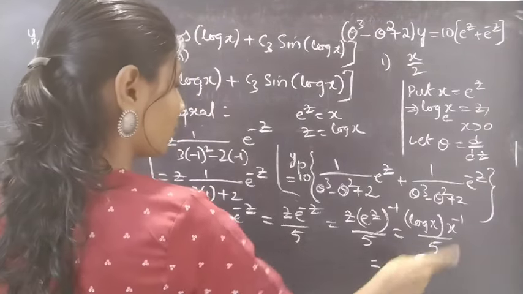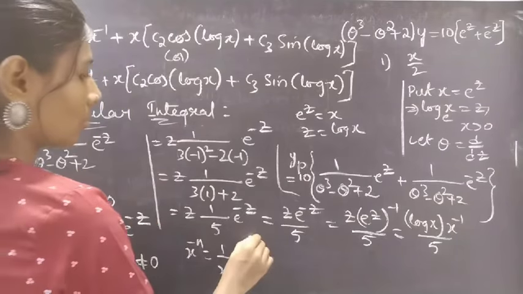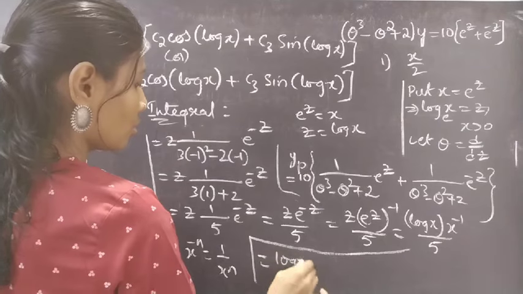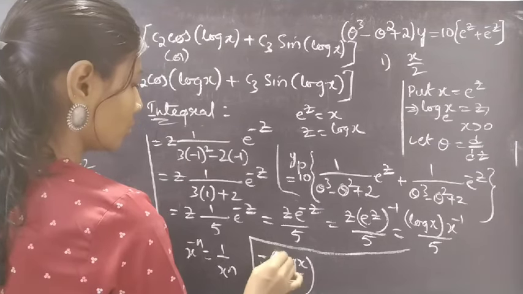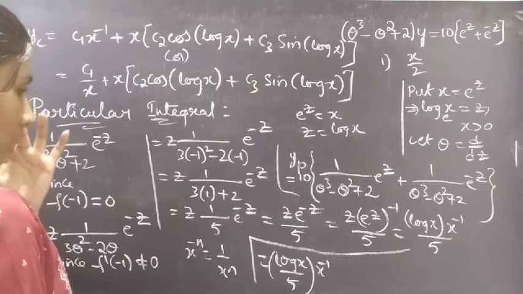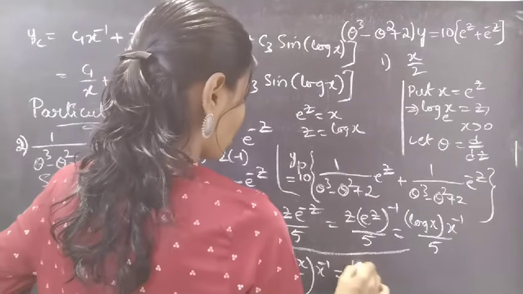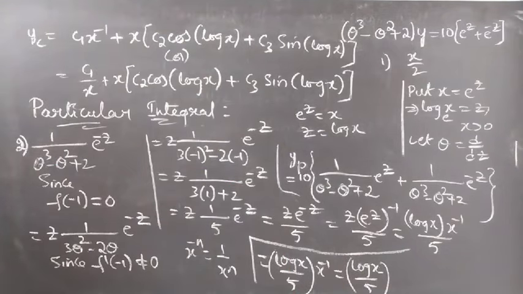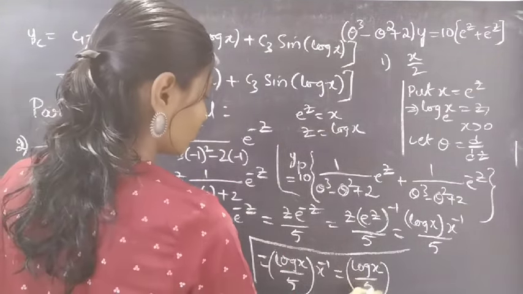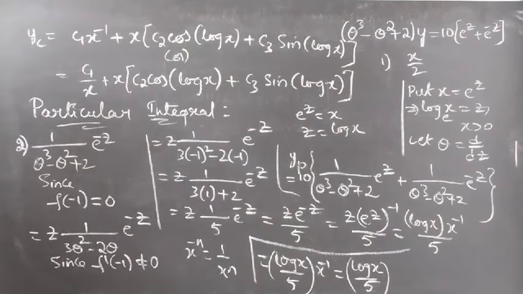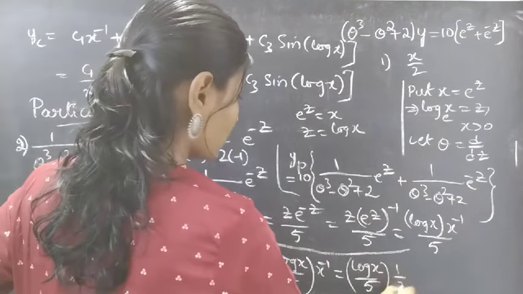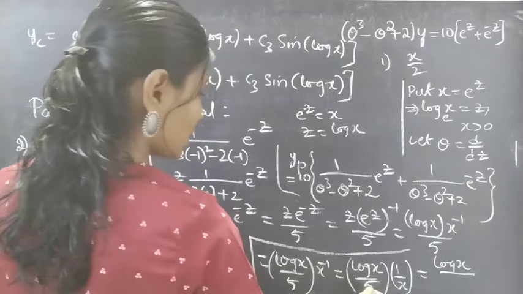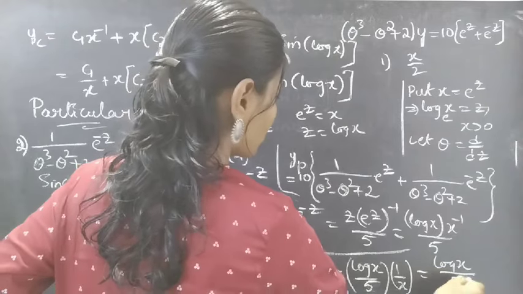So we'll get log x by 5 into x inverse, which equals to log x by 5 into 1 by x, which is equals to log x into 1 is log x by, 5 into x is 5x.